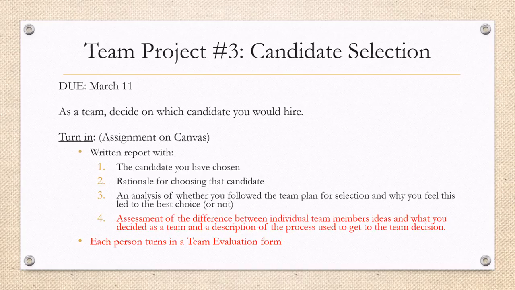And for the team assignment, basically the same. And again, you will provide an assessment of the difference between the individual ideas and the team decision and the process that got you there. And each person will turn in a team evaluation form.